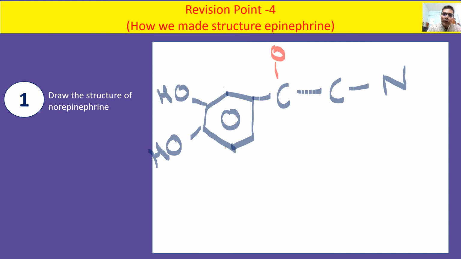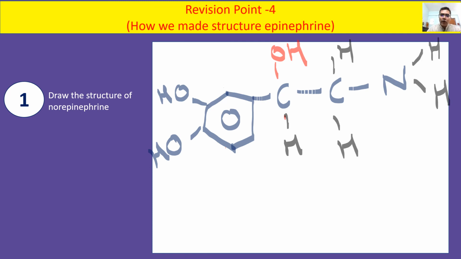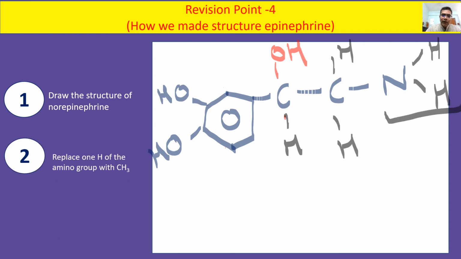In the first carbon you have the OH group, the rest is H, and NH2. Now in the amino part we have to replace 1 hydrogen with the methyl group CH3. This is how we make the structure of epinephrine.